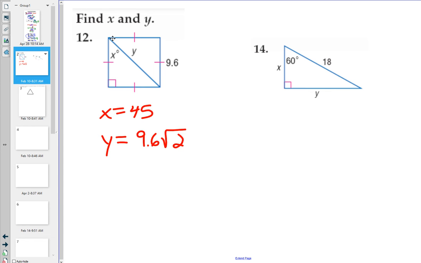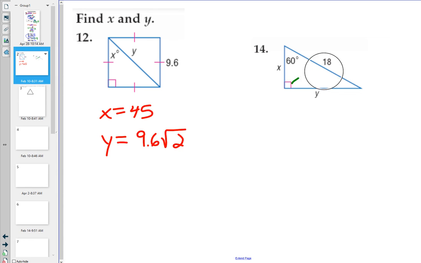So what you have to identify is, which side are they giving us? Which side are they giving you? They are giving you the hypotenuse. How do you know it's the hypotenuse? Because it's across from the 90.